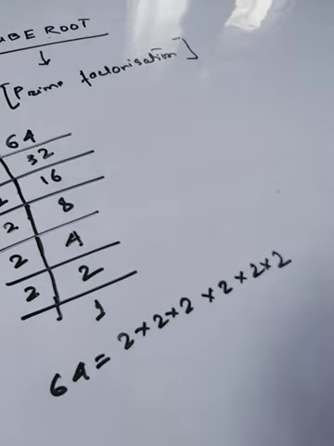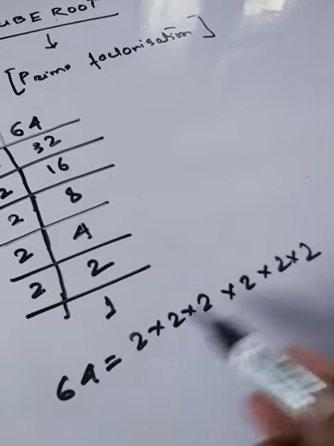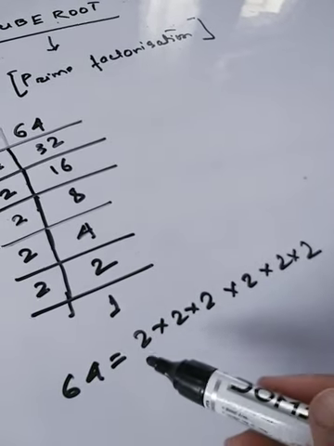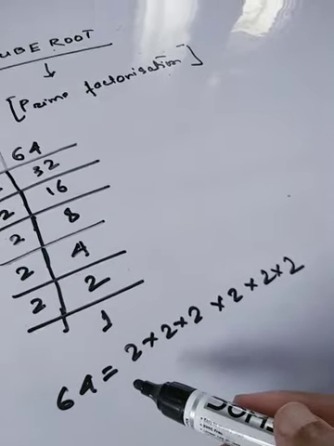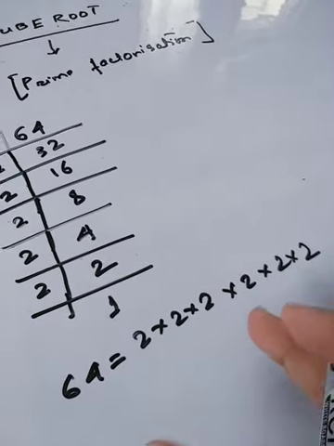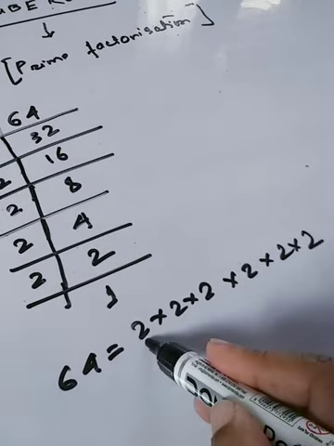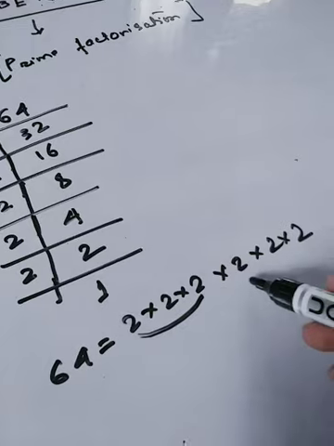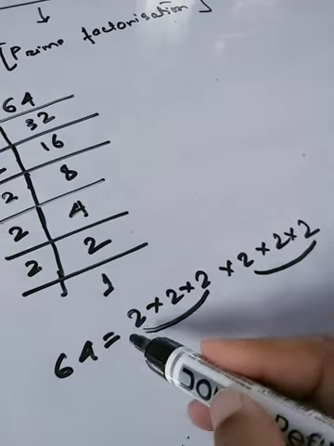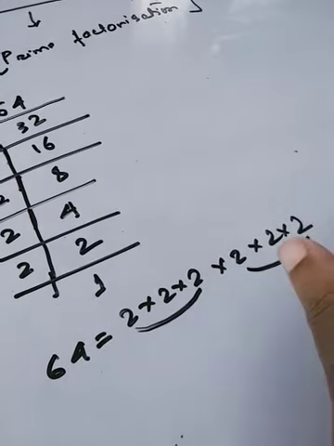Now how many distinct factors are there? Only one, that is 2. Now you have to see whether the factors are in the form of triplets, that is combinations of 3, or not. See, this is a combination of 3, and this is a combination of 3. So the factors are in combinations of 3.